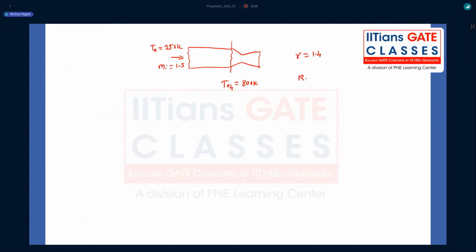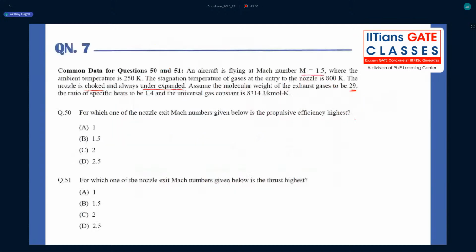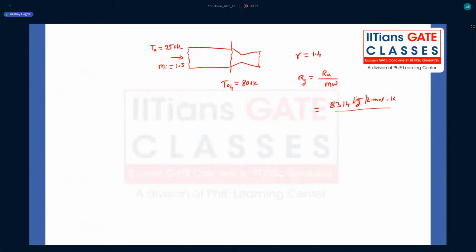R is not given directly, but I can calculate it for the gas as the universal gas constant divided by the molecular weight of the gas. So 8314 joules per kilomole Kelvin, and the molecular weight is 29.